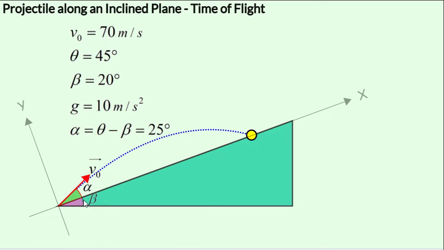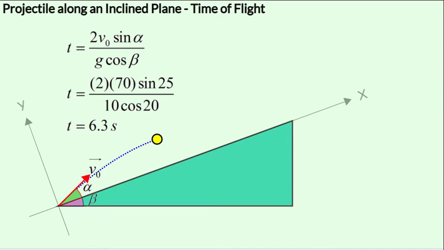Let's find the time of flight now. Substituting v0 as 70, alpha as 25, g as 10, and beta as 20 into the time of flight equation, we obtain the time of flight as 6.3 seconds, which means that the projectile remains in flight for 6.3 seconds since the time of launch before landing back on the incline.